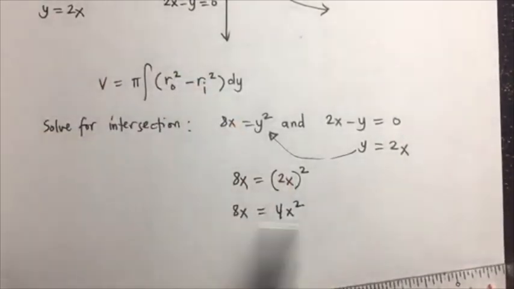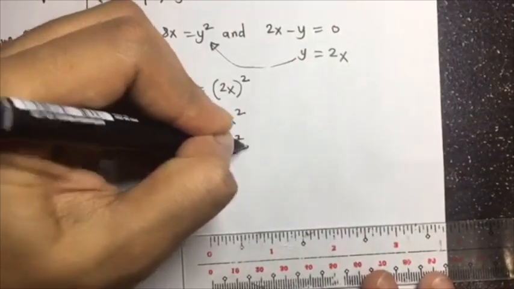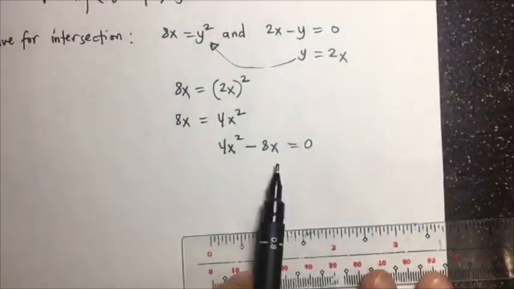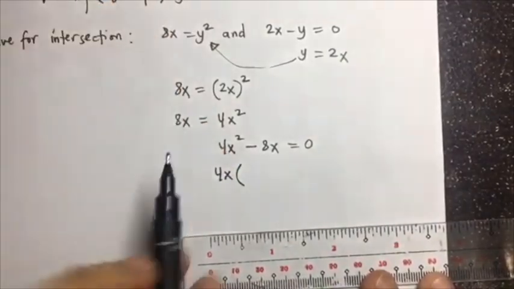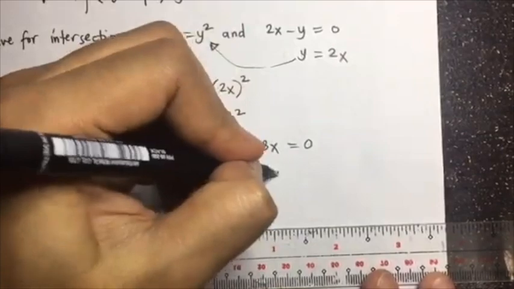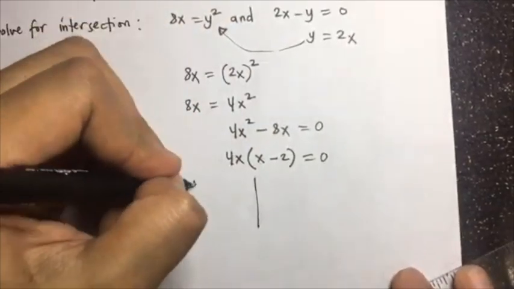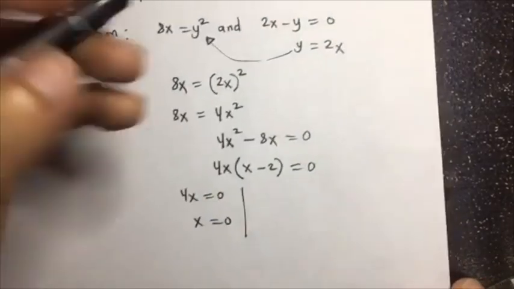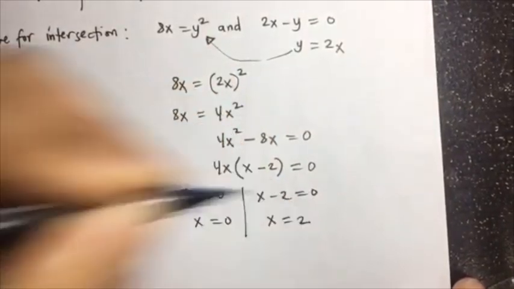Transposing 8x to the other side, we have 4x squared minus 8x is equal to 0. We have a greatest common factor of 4x. Factoring out 4x, what will remain is x minus 2 is equal to 0. Equating the factors to 0, 4x is equal to 0, therefore x is equal to 0, and x minus 2 is equal to 0, so x is equal to 2.